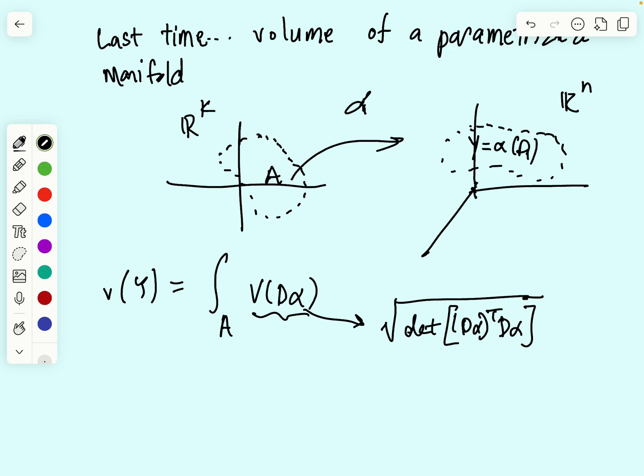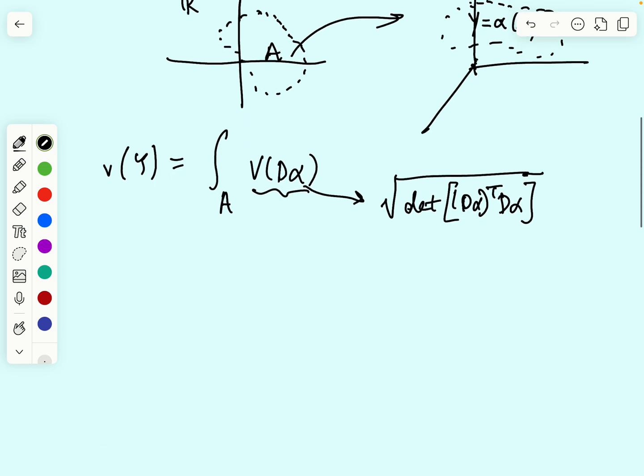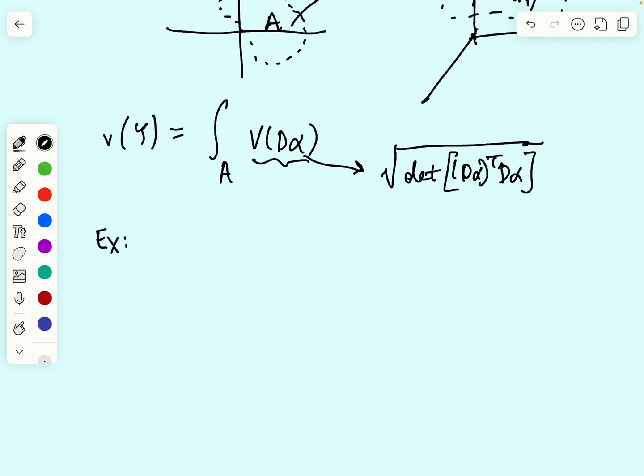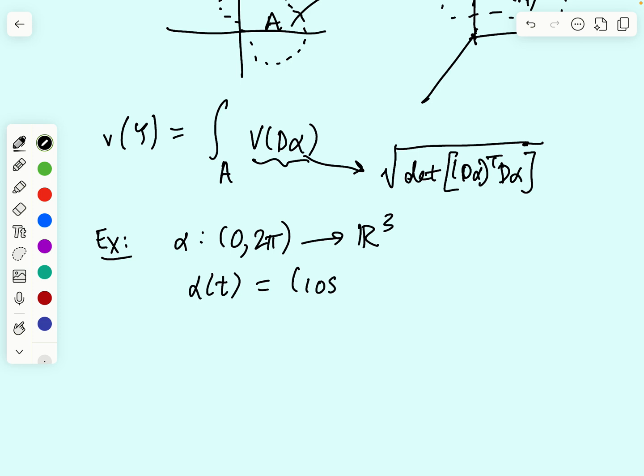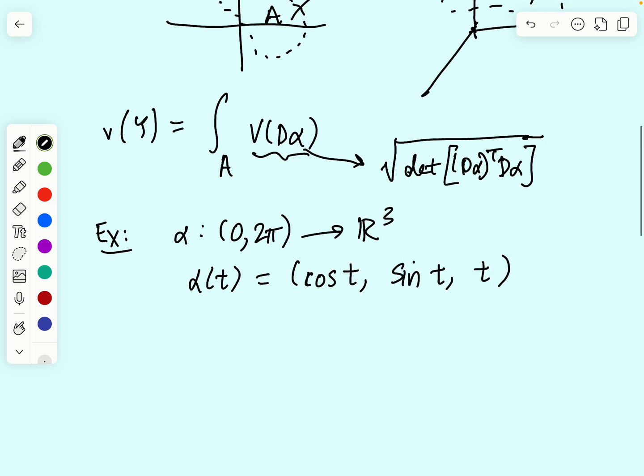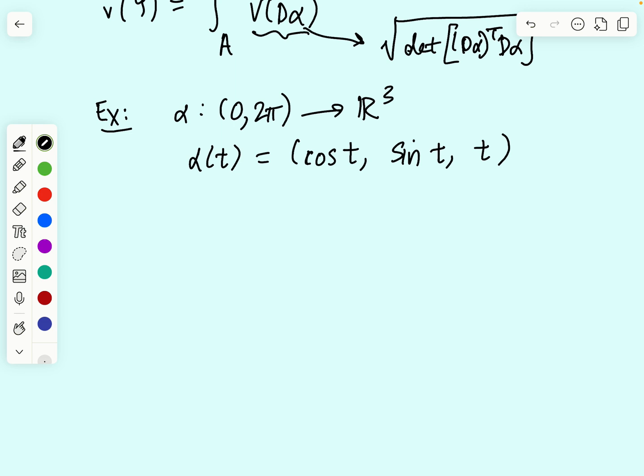Let's say that we had a helix. So alpha is a map from 0 to 2 pi to R^3, defined by alpha of t equals cosine t, sine t, t.